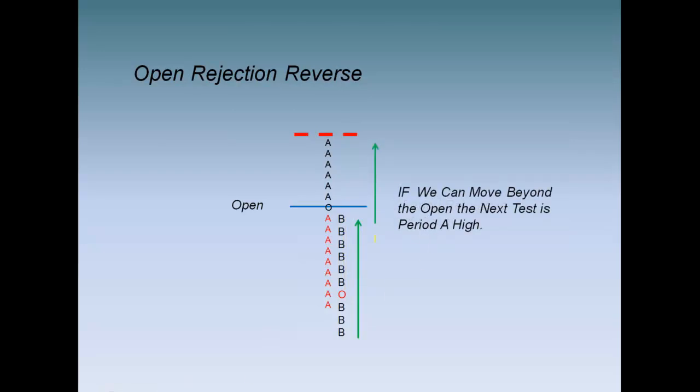Now, if in fact we can move beyond the open, the next test area is the high that we established early on where we met resistance. Conceivably, if we can break this high, we can continue even higher. Again, we are testing in both directions. This is typical of what you're going to see in this open rejection reverse day when this occurs.